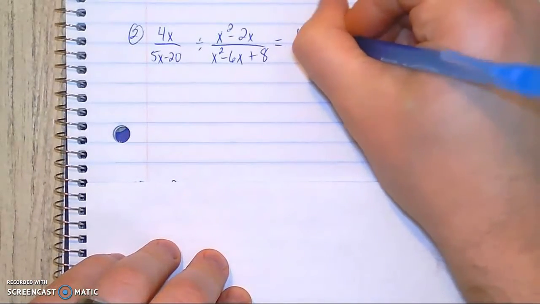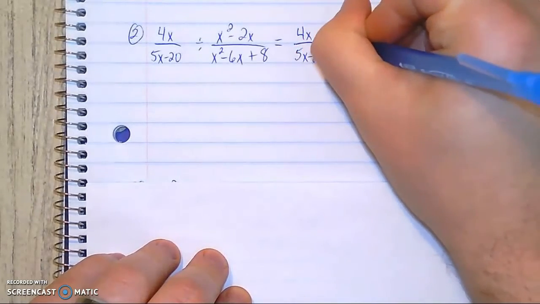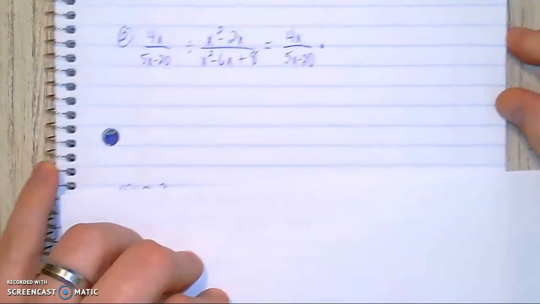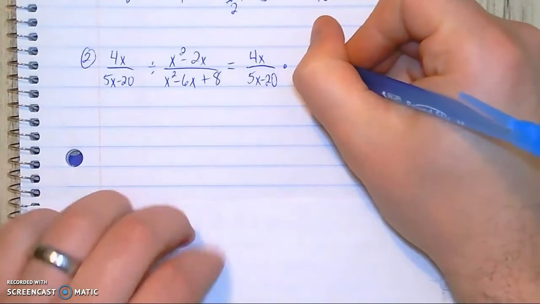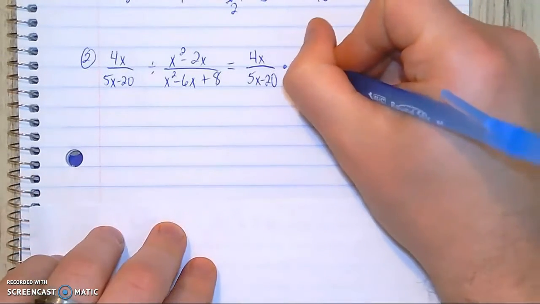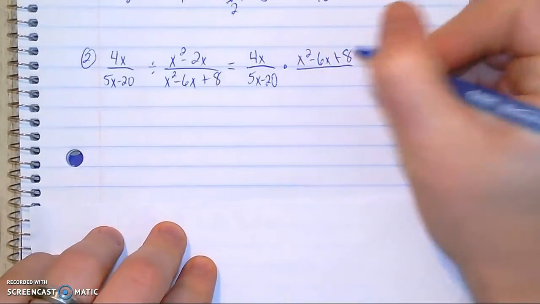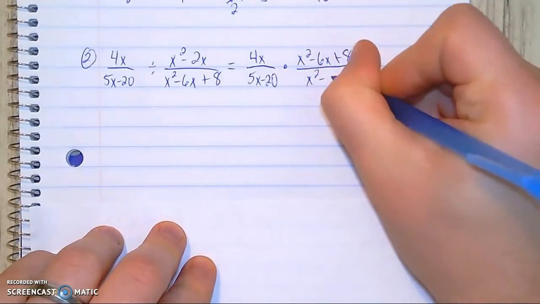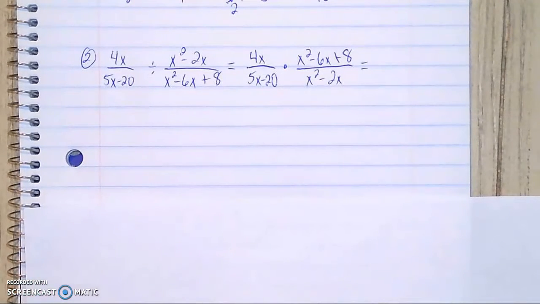So keep the first fraction the same, and then change this to a multiplication problem, and flip that second fraction. So the x squared minus 6x plus 8 comes up to the top, and the x squared minus 2x goes down to the bottom. So now we are back to a problem like from yesterday.